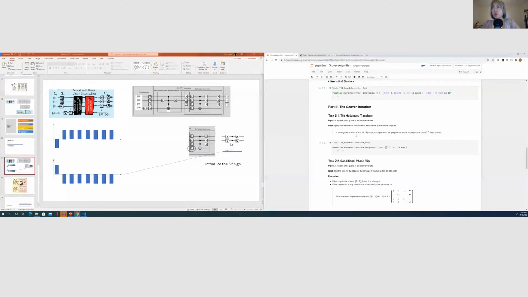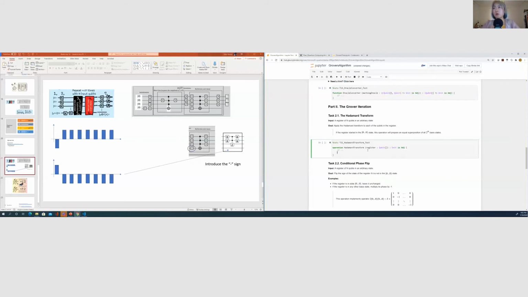If the register started in the all-zero state, this operation will prepare an equal superposition of all 2 to the n basis states. So this is nothing but setting up these Hadamard gates, actually just these ones, the inputs.